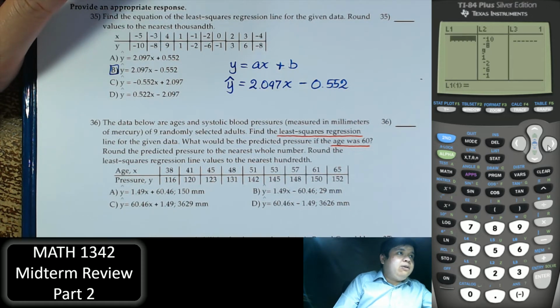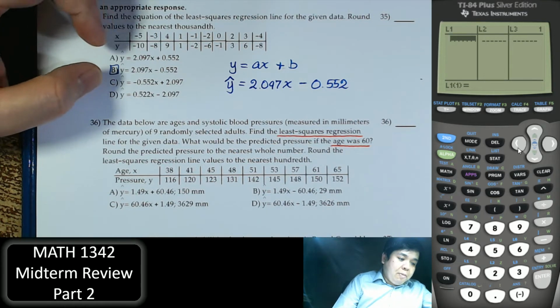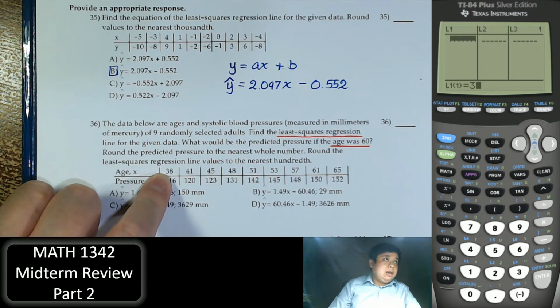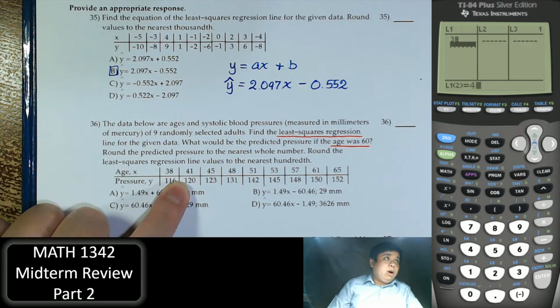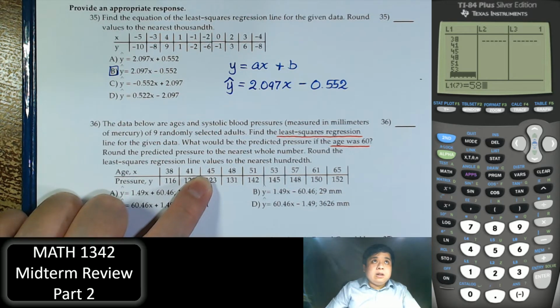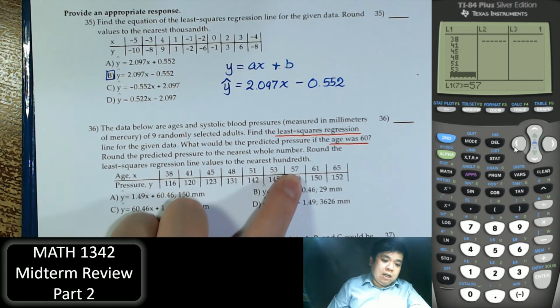Just clear the list first. Now enter the numbers. 38, 41, 45, 48, 51, 53, 57, 61, 65.